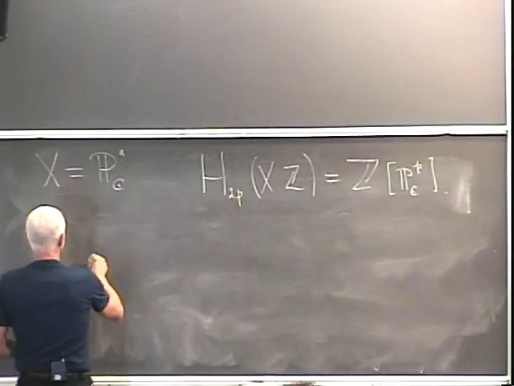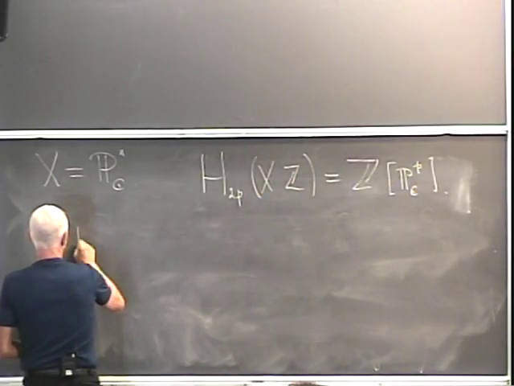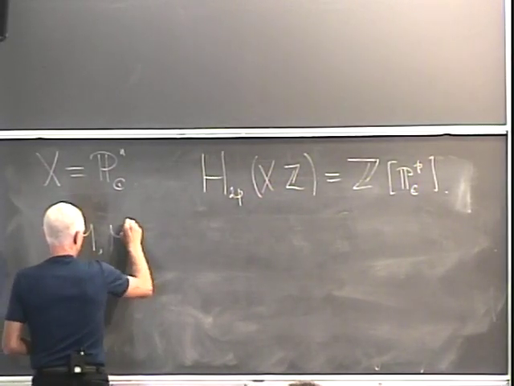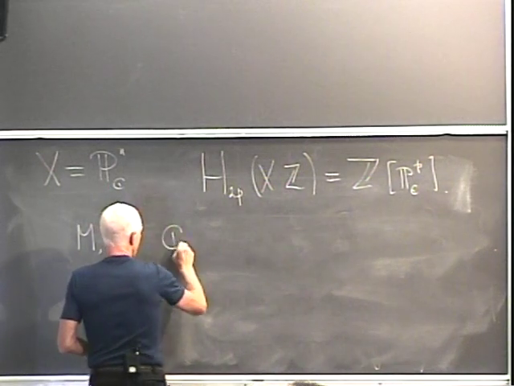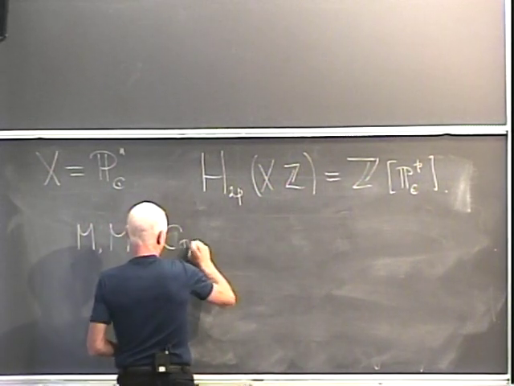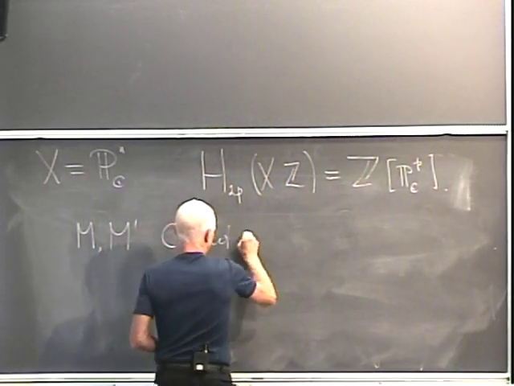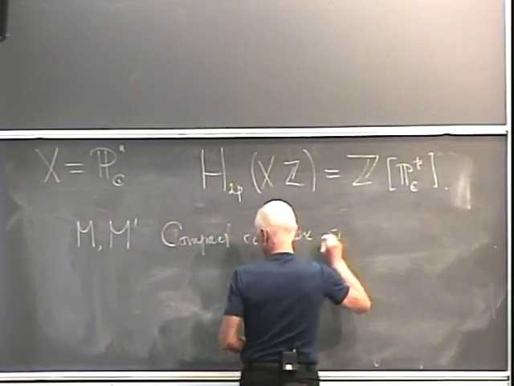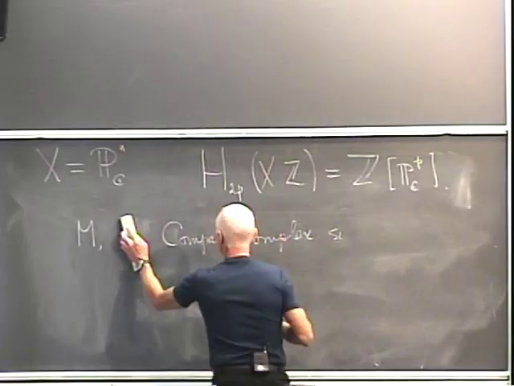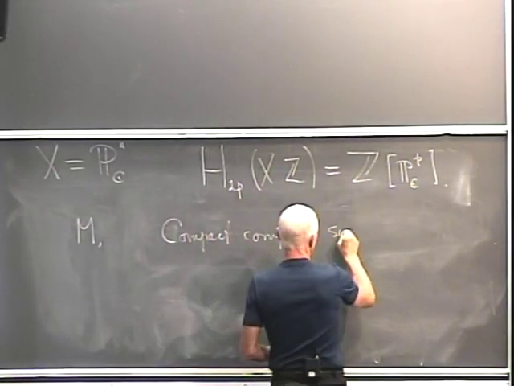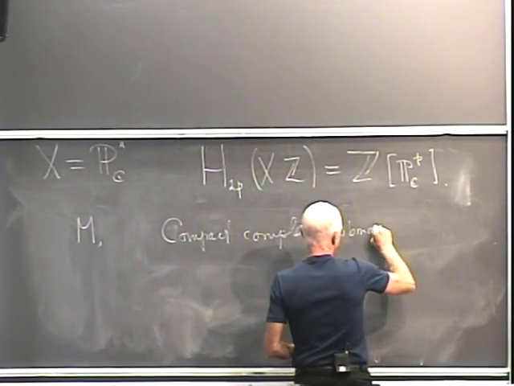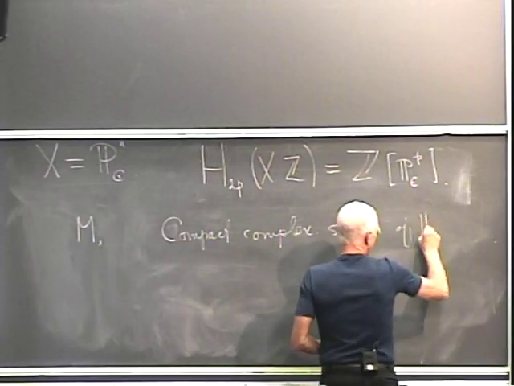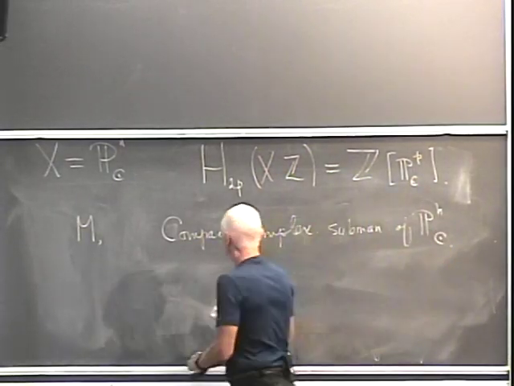But the interesting thing is, let M be a compact complex submanifold of Pn with no boundary.